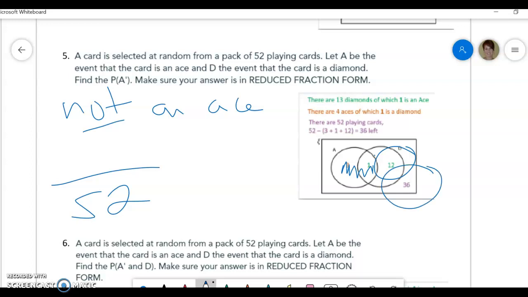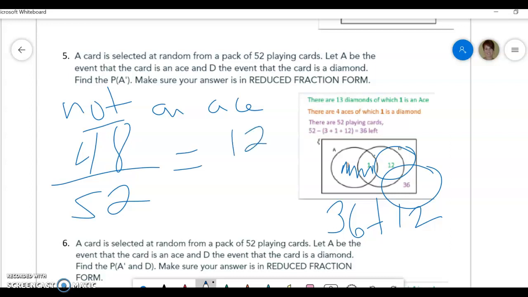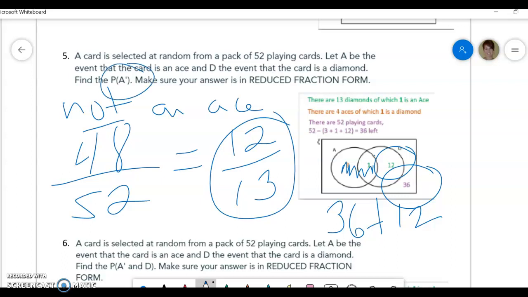So when you add the 36 and 12, that gives us 48 out of 52. So now I'm going to reduce that. I think 4 goes into both. So it would reduce to 12/13, and that would be our final answer. So just remember that apostrophe means not. So pretty much anything as long as it's not an ace.